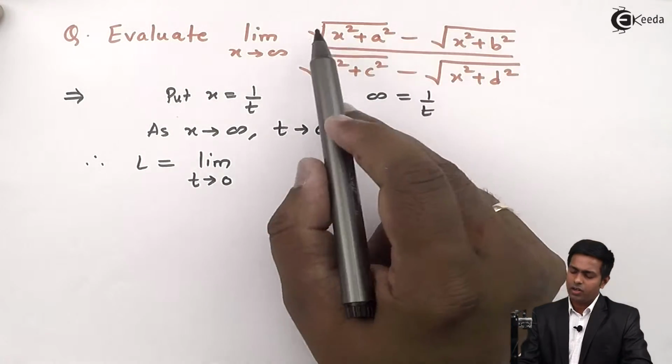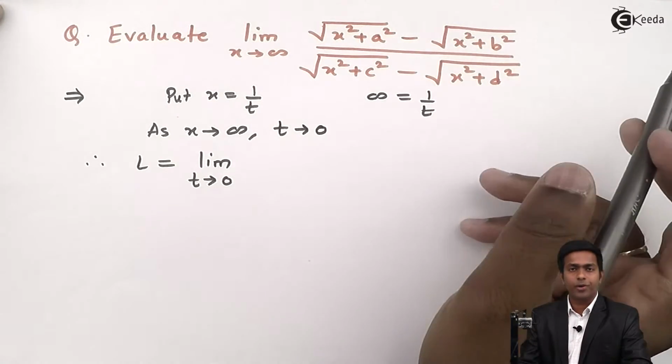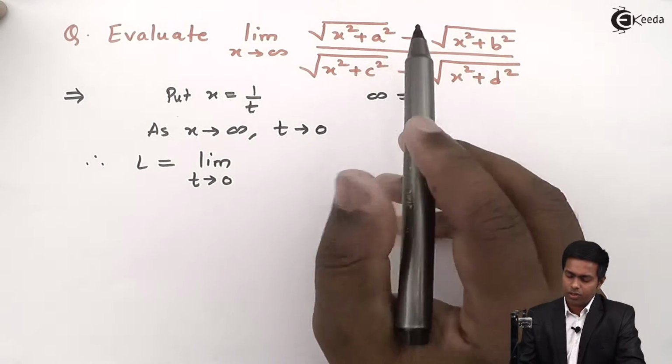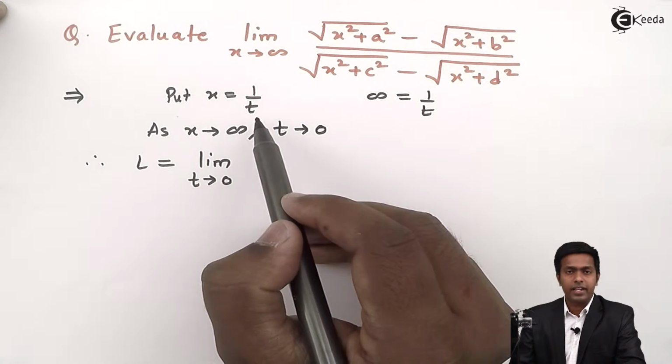Similarly, this function will shift from the x domain to the t domain. To shift it into the t domain, I will substitute x as 1 by t.